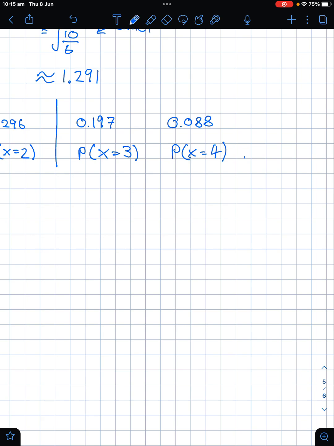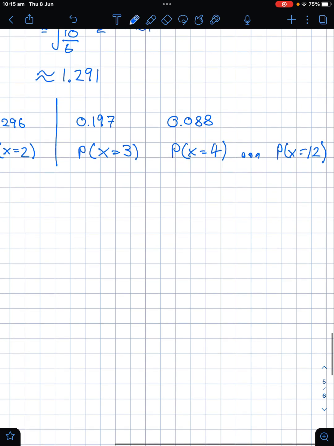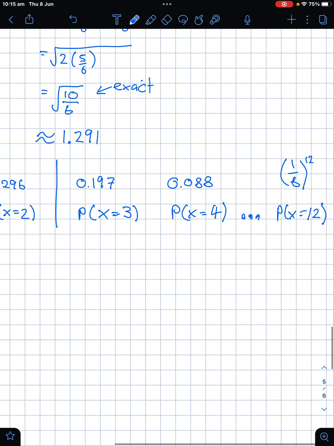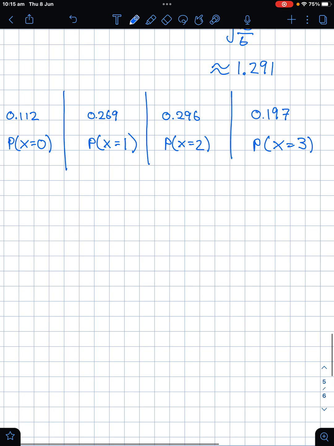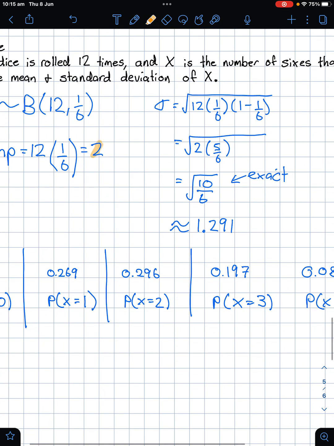All the way to the final one, the probability that with these 12 rolls we get 12 sixes, is 4.59 times 10 to the negative 10, which is 1 over 6 to the power of 12. So what we've got here is this mean of 2.